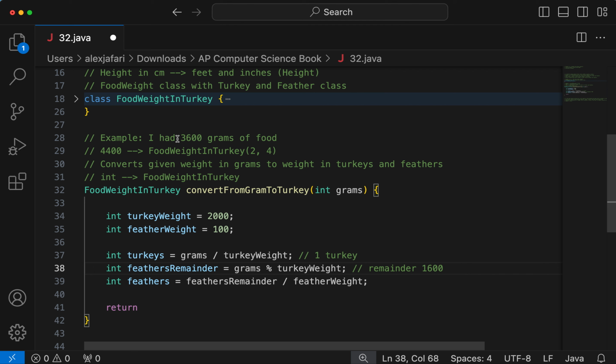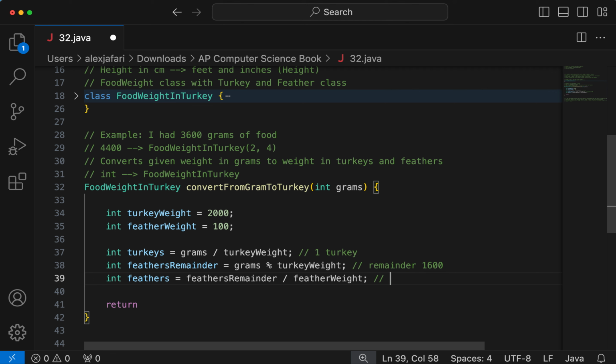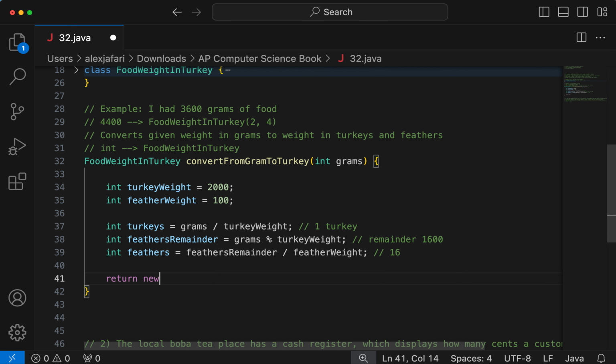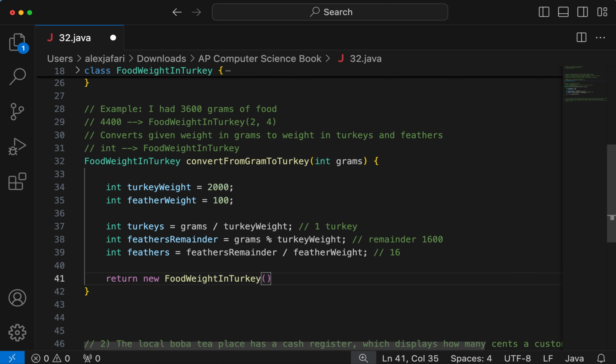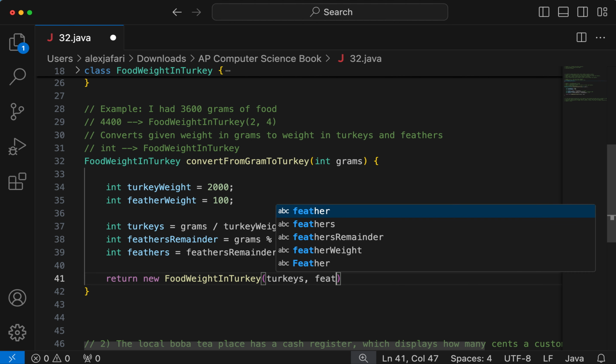So 3,600 minus 2,000 is 1,600. Then it's going to take this 1,600 and divide it by 100. So it's going to get what? 16, exactly. So then we can return a new food weight in turkey, and it's going to take in turkeys and feathers.